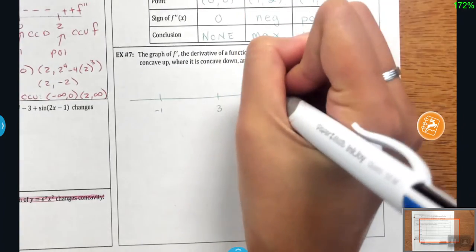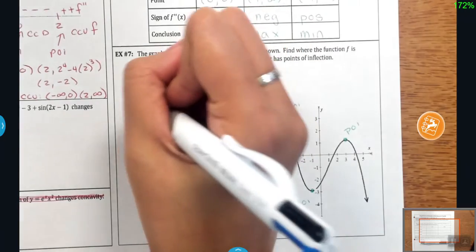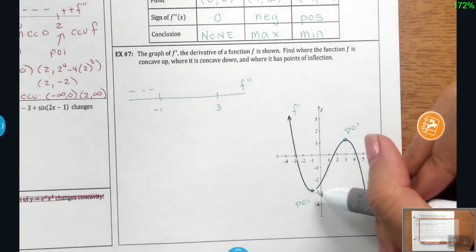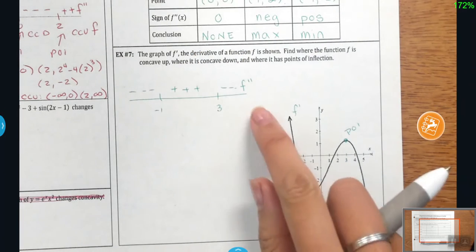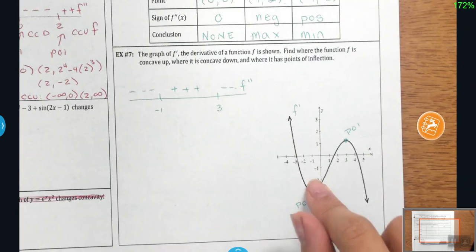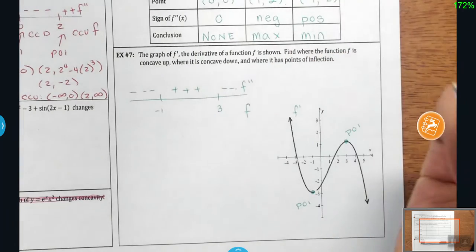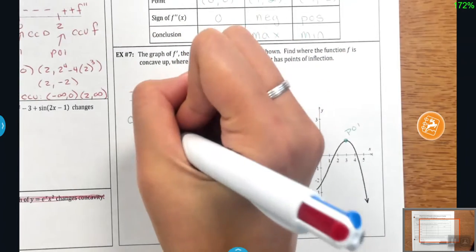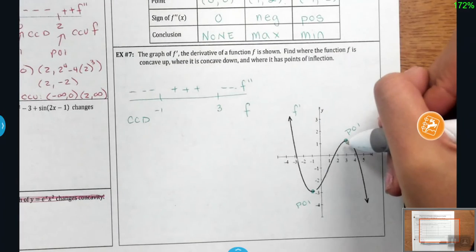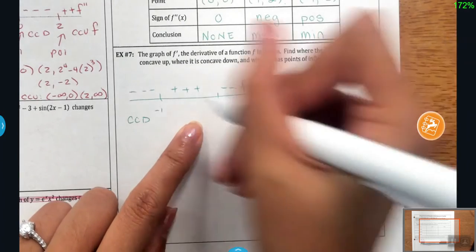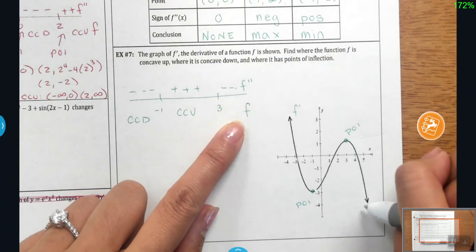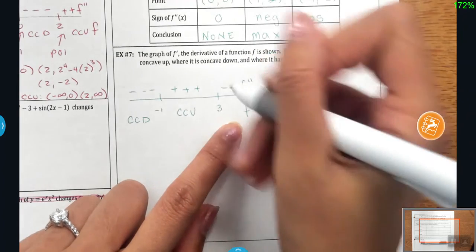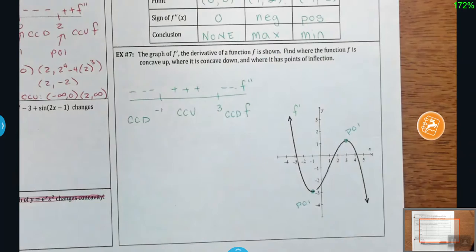So f double prime would be negative, right? And then it's positive here, and it's negative here. So if it's decreasing on the first derivative, then the original is concave down. Good. And if it's increasing on the first derivative, then the original is concave up.